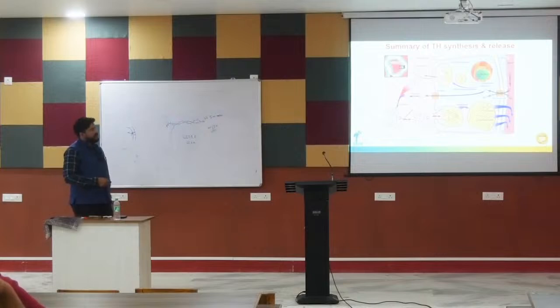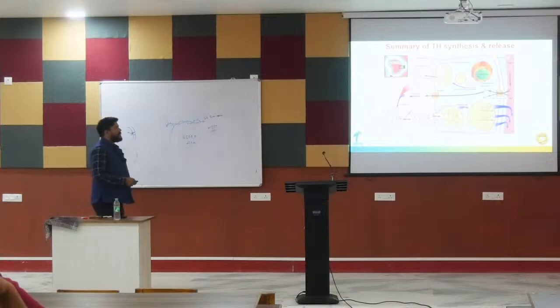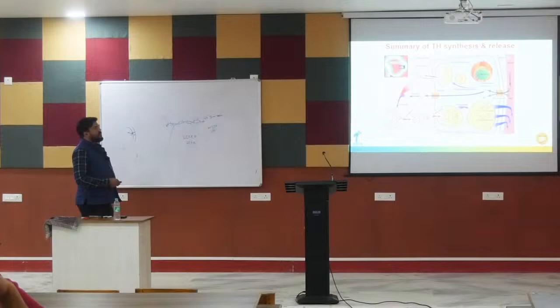For iodine transport, there are two transporters, one is NIS and one is pendrin. This is important. NIS is present in close proximity to the blood vessels, and pendrin at the apical membrane of the thyroid follicular cells toward the colloid.